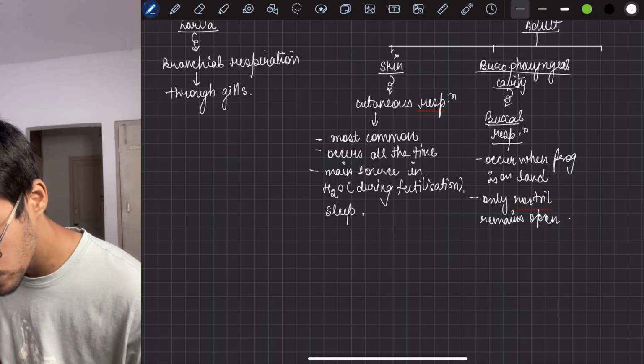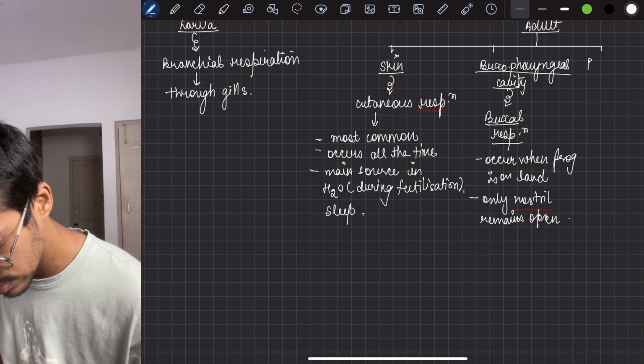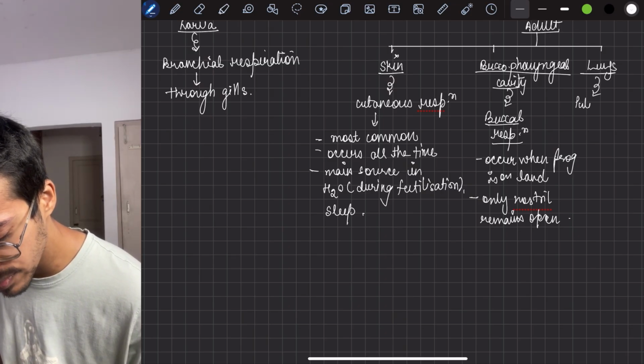And the last one is through the lungs, which is called pulmonary respiration.